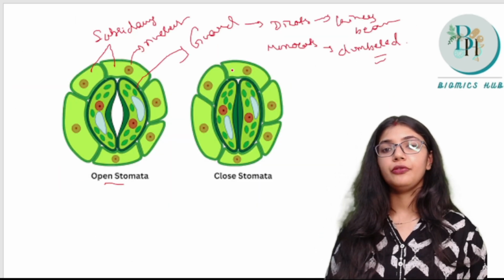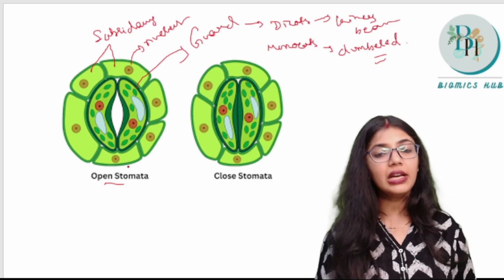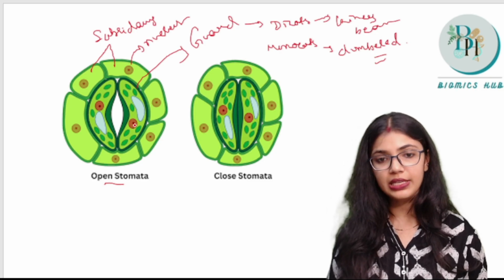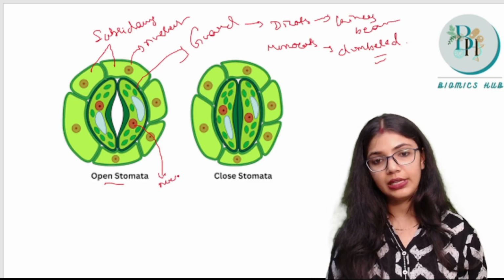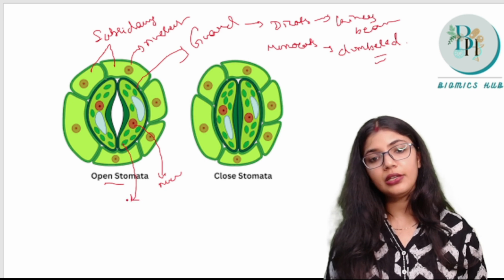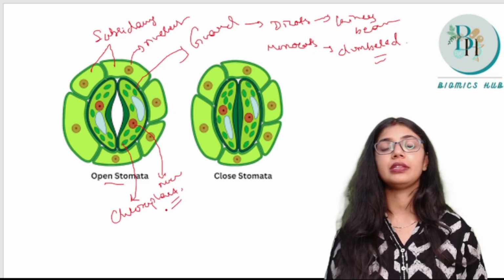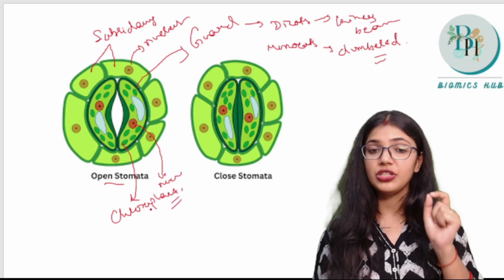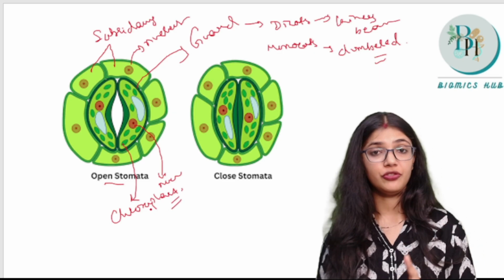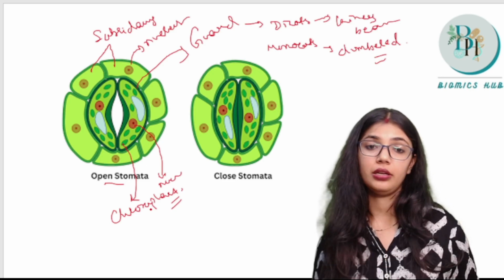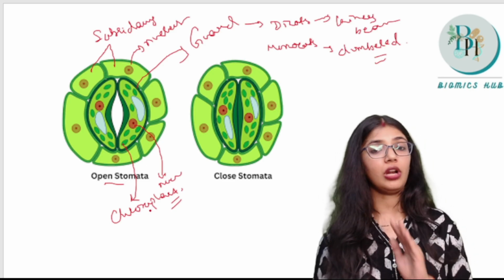Here we were talking about the structure. In the guard cell, there is a nucleus, and here the chloroplast is present. So what is the requirement of this chloroplast? Among the epidermal cells, the guard cell is the only one having chloroplast, and the other epidermal cells do not have any chloroplast.